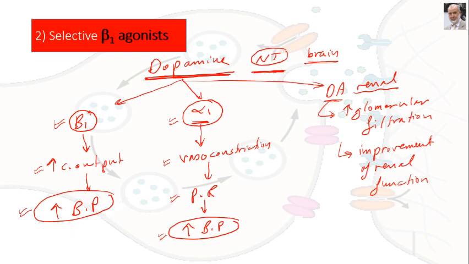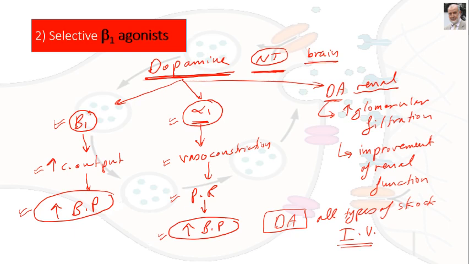So that's why dopamine is very useful in all types of shocks. It is usually used by intravenous injection, to increase the blood pressure and improve renal function in all types of shocks, whether it is cardiogenic or otherwise. Okay?